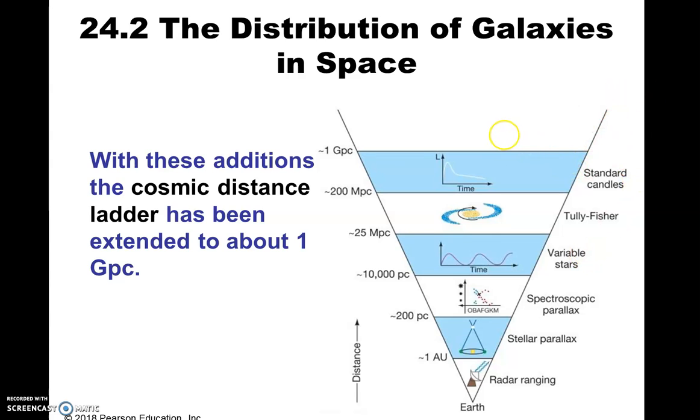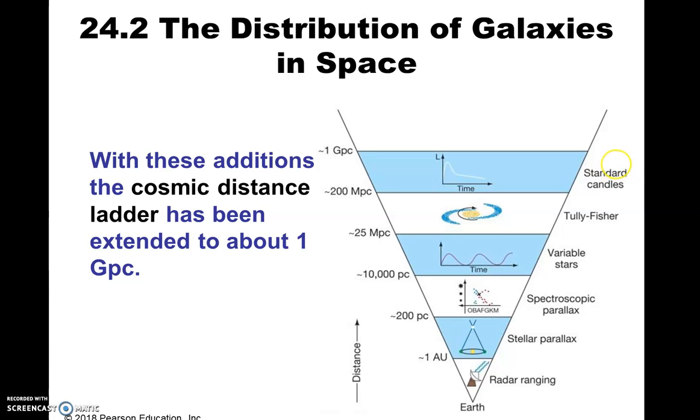And then of course standard candles, right? You can use a standard candle that works with any type 1 supernova that can happen in a nearby galaxy, and if we've already used the Tully-Fisher method for that galaxy, then we can use the standard candle method to find out the distance of that galaxy.